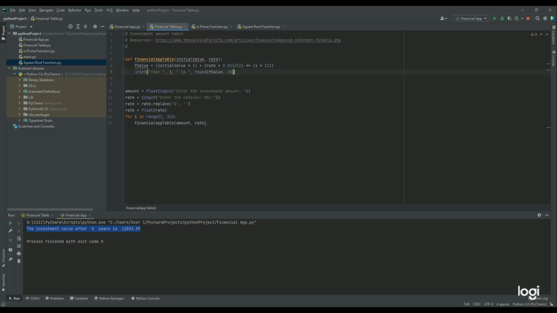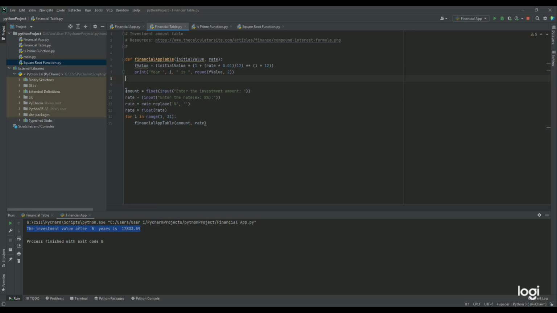So it's practically the same. I did print year i, which is the number of the year, is, and I again use the round for my variable value, which will give us a future amount rounded to 2 decimal places.